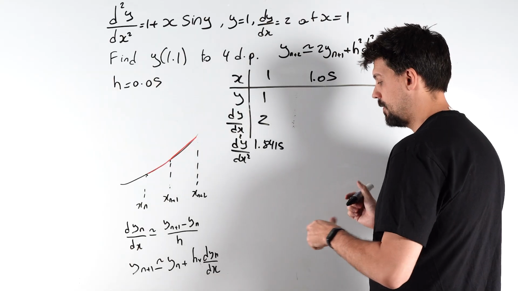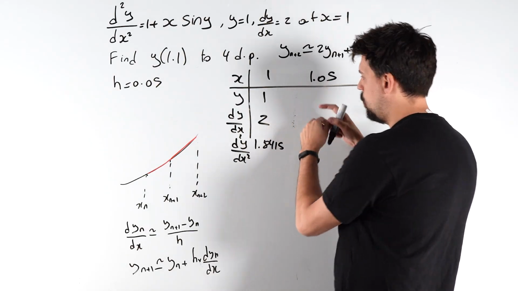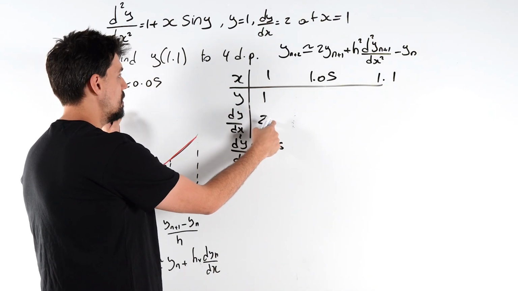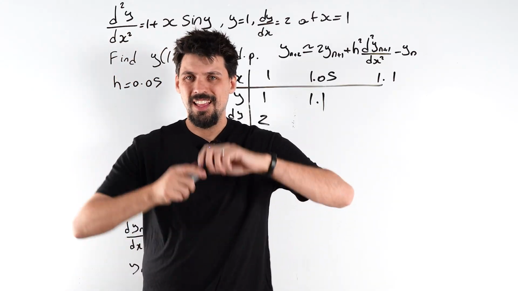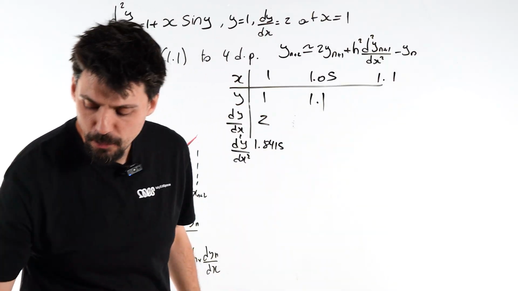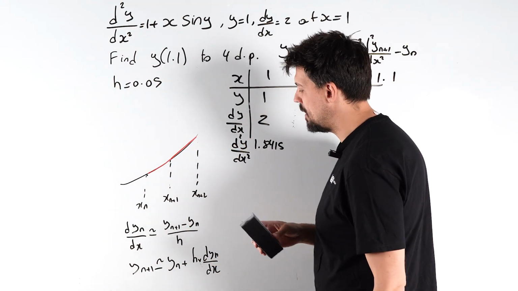So the y value here would be yn plus 2 times 0.05. So it would give me 1.1, and I'm up and running. I think we can do better than that. Like I say, just a simple one-step Euler can be a little bit moody.